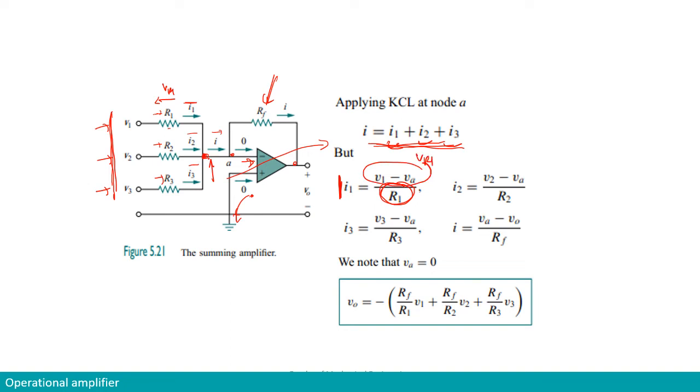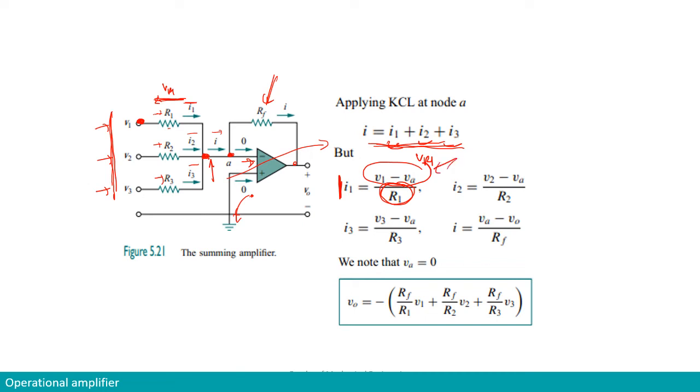The voltage across R1 is the potential difference between V1 and this point. This point and that point are the same because there is no component that consumes energy in between them. So this point is basically the voltage at point A. So VR1 is V1 minus VA. That's what has been written here.